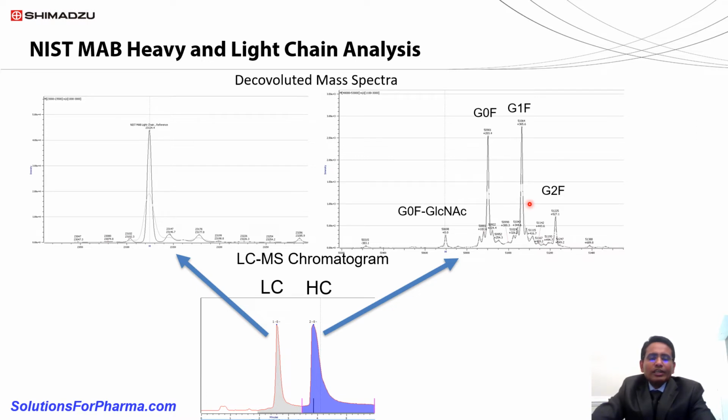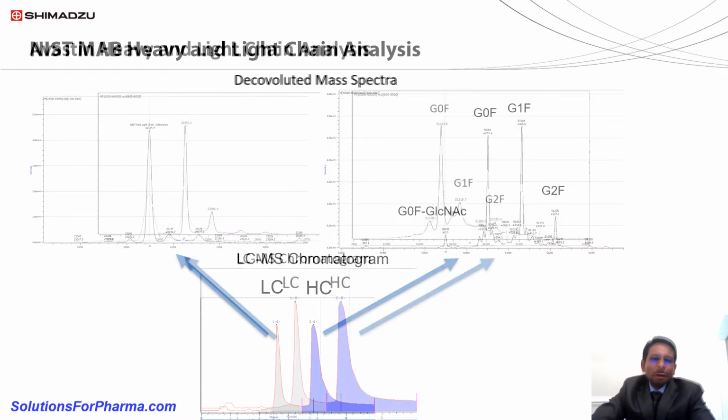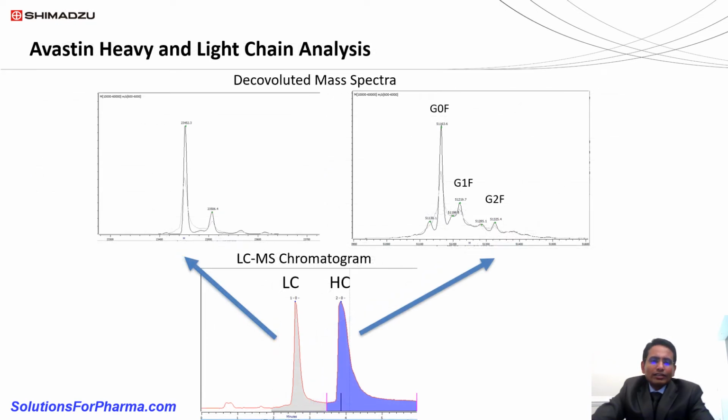They're very nicely identified and separated. We have also analyzed Avastin mAb. In the left panel, you can see the light chain peaks, and on the right side you can see the heavy chain peaks. They are nicely separated and identified.